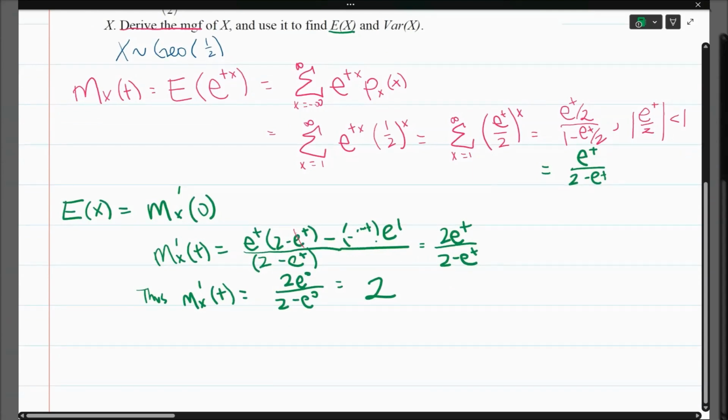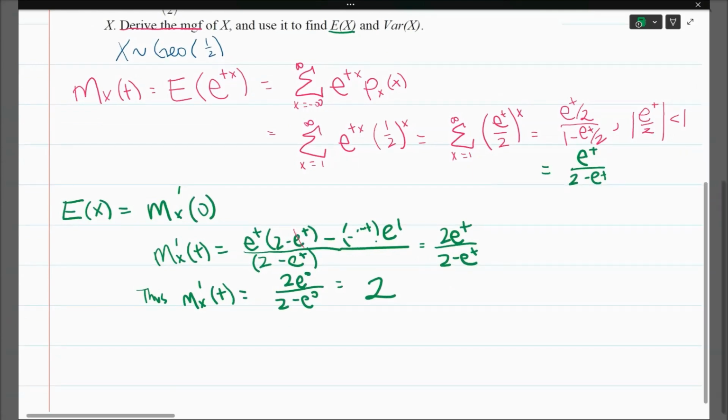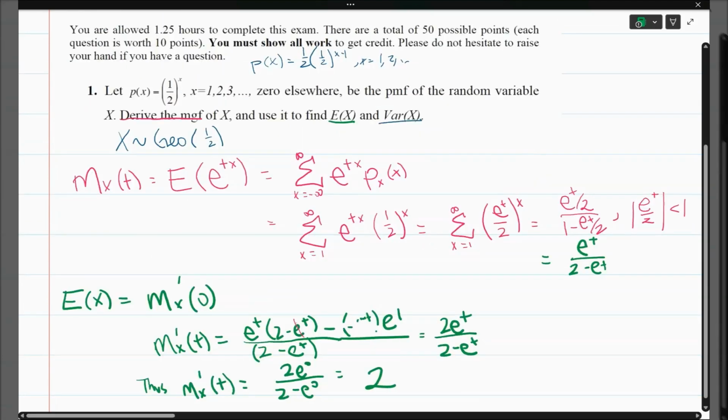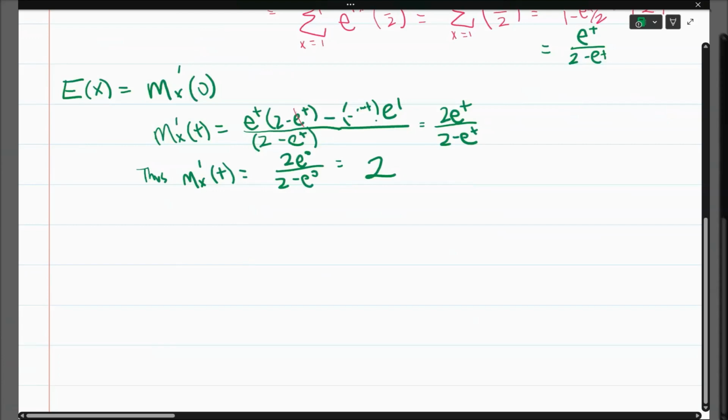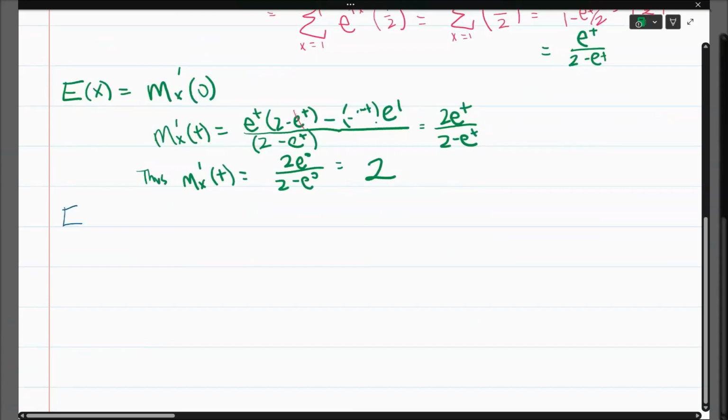All right, now for our variance, of course, we will need the second moment. Okay, so let's go ahead and identify the second moment first. That's going to be M_X double prime of 0, right?